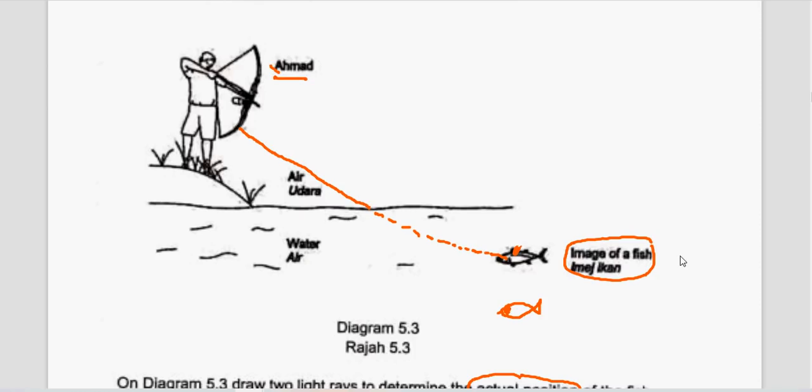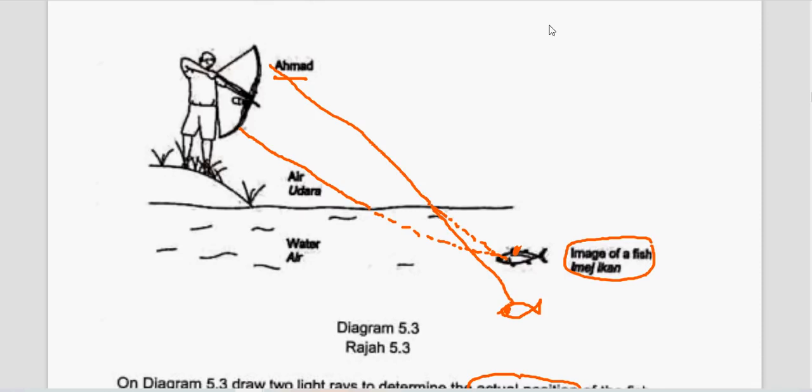And then you need another ray, also a dotted line straight through. This line should be a straight line. Outside the water, you use a solid line. Here also solid line. Inside the water, you use a dotted line. Then from this point, connect to the object. So it means like this.